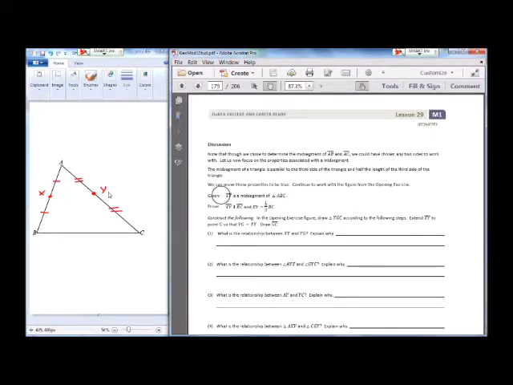And then I will construct the following using this hint. I will draw triangle YGC according to the following steps. I will extend XY, here is XY, the same distance as XY. So this length will be the same as this length.